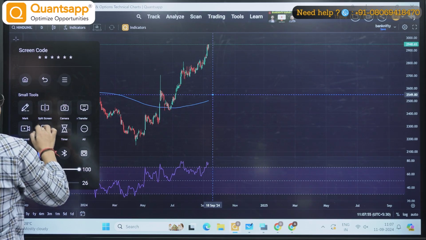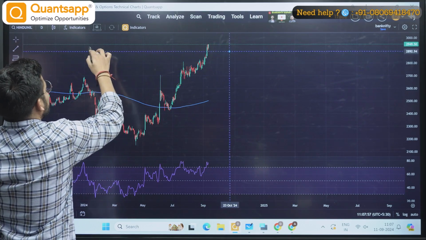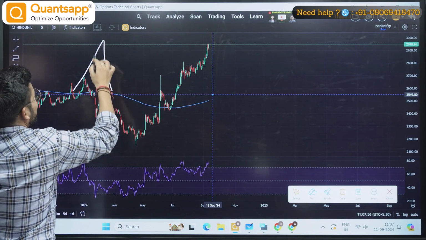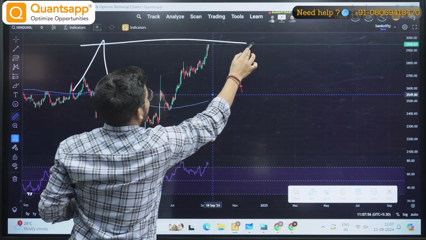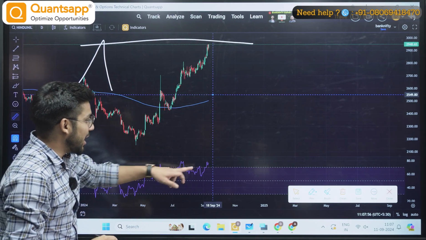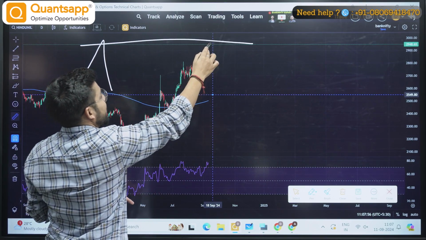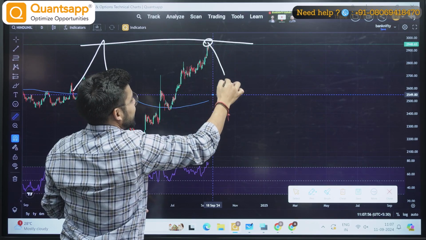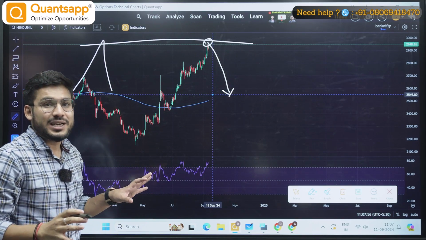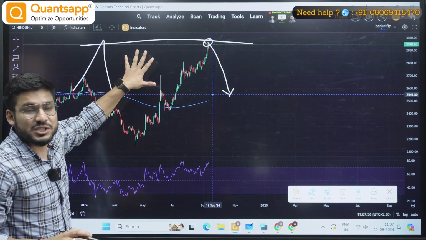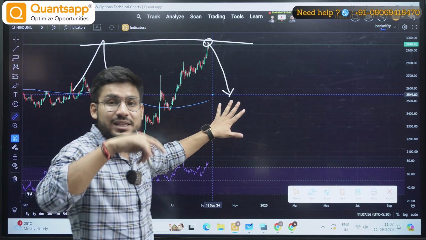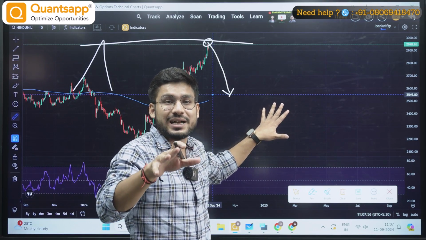Let's suppose my previous market was here, and now I can make a resistance there. Now I have a confirmation that RSI is showing overbought, and I also have a resistance here, so I can take a trade in the downward direction. But right now I don't have that kind of confirmation, so I will not take my entry in the bearish direction. This is how you take confirmation.